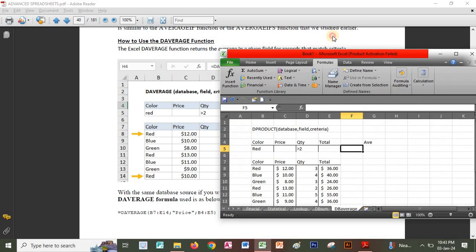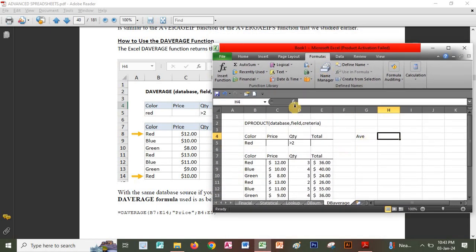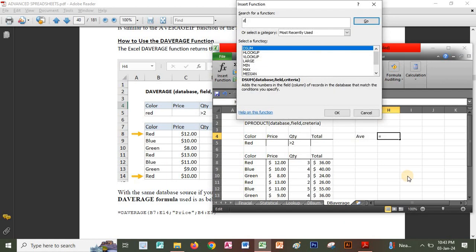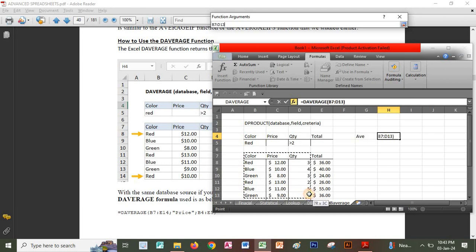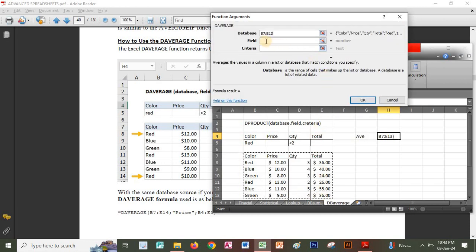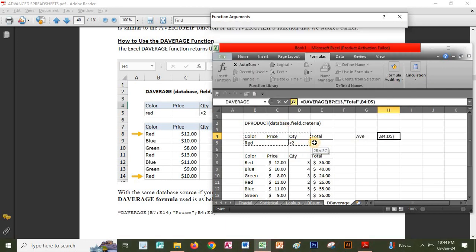We match them, and let me see. So again, the average, that is what I want to look for. So the database, again, it is the whole of that. The field, we are averaging the total, I suppose, and then the criteria is here.